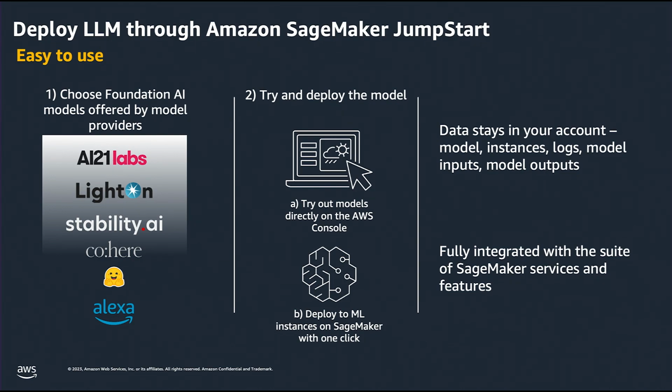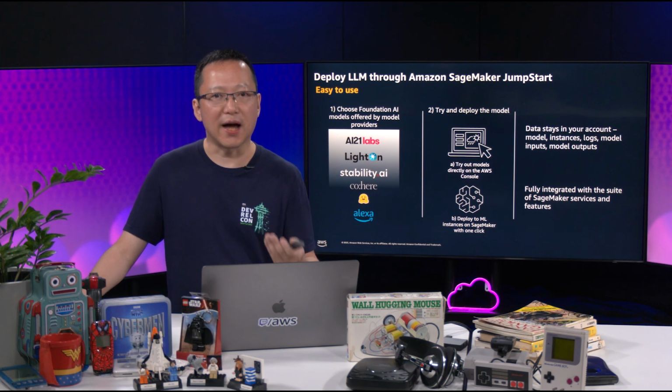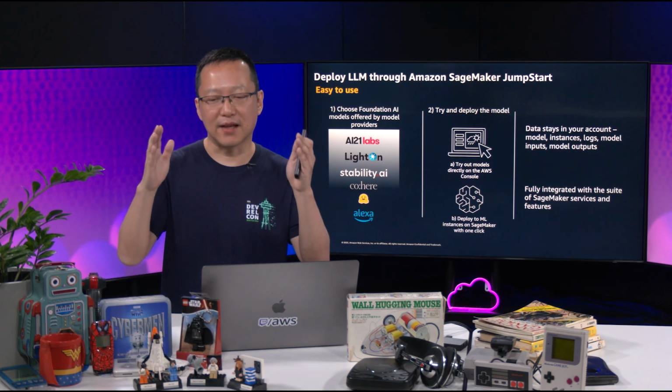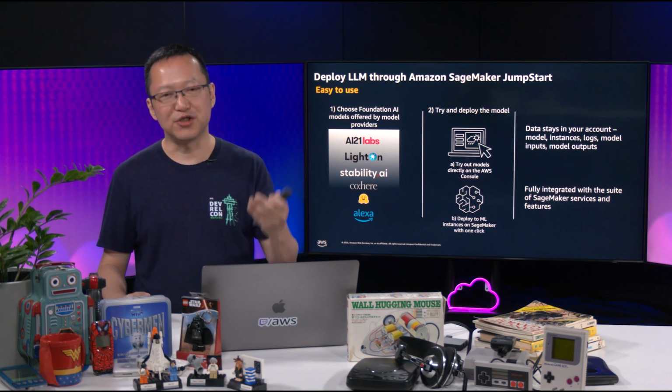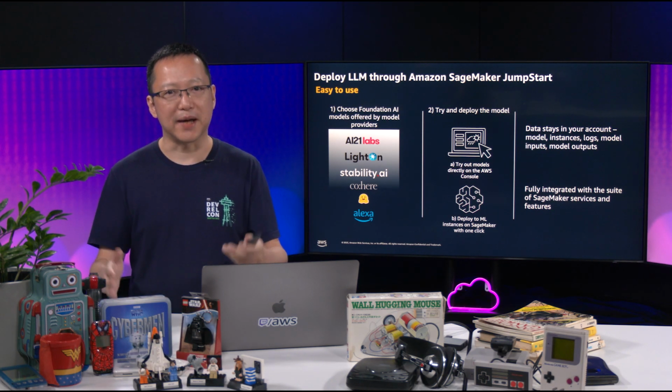AWS has partnered with well-known foundation model providers to offer models such as the generative models from AI21, Stable Diffusion models from Stability.ai, and the Falcon models on HuggingFace. Developers now can try out the models directly on the AWS console or deploy to a machine learning instance on SageMaker.